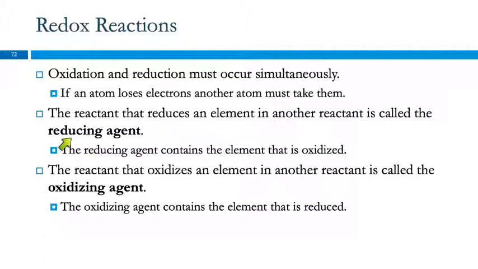So if the reducing agent causes something to be reduced, it does so by being oxidized. And the oxidizing agent oxidizes something else by getting reduced itself. So it's opposite. But if you think of it as the agent causing something else to be reduced.